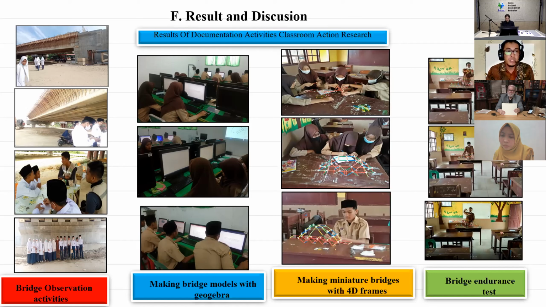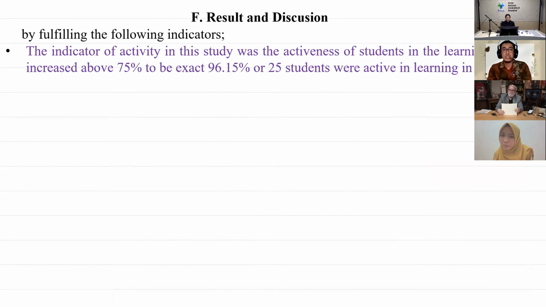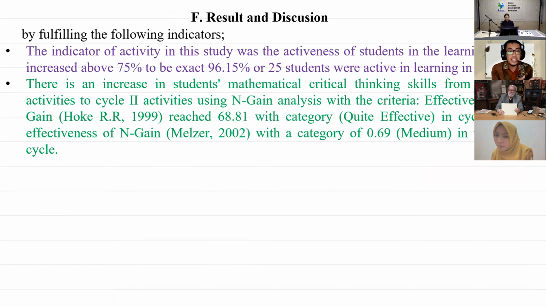Next, following the indicators, the indicator of activeness is increasing. First, 96.15%, or 25 students, were actively learning in cycle 1 and cycle 2. Next, there is an increase in students' mathematical critical thinking skills, which we can analyze.